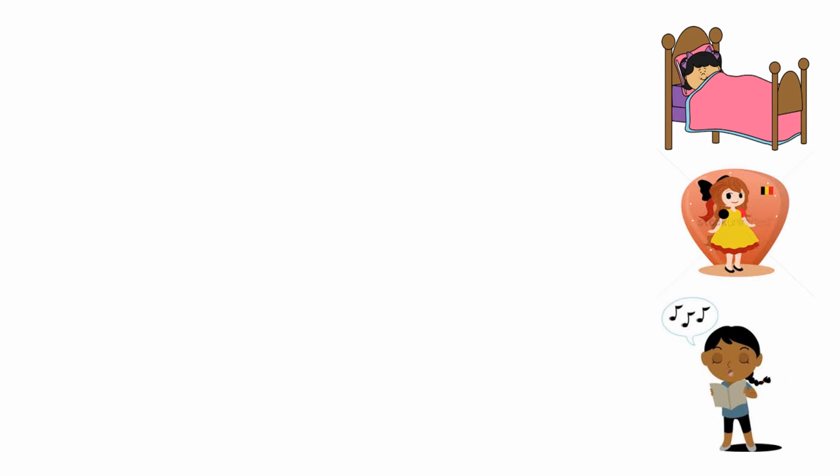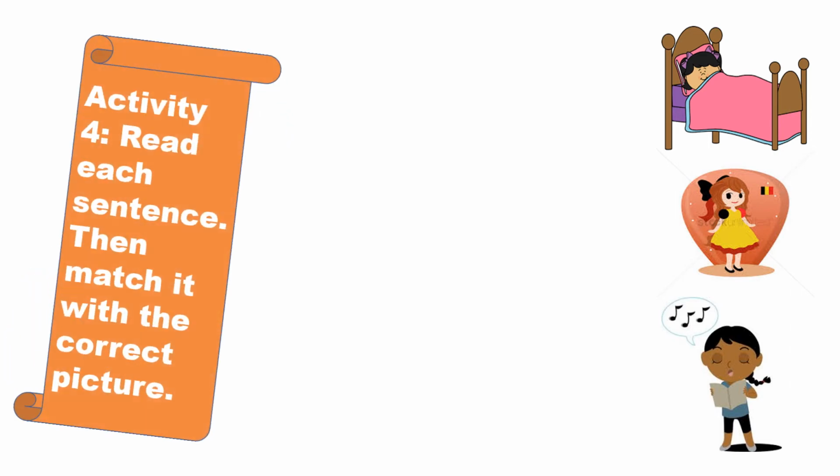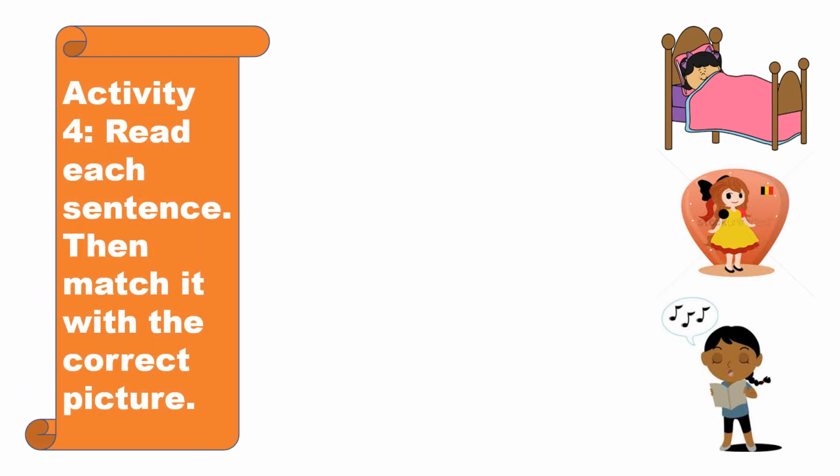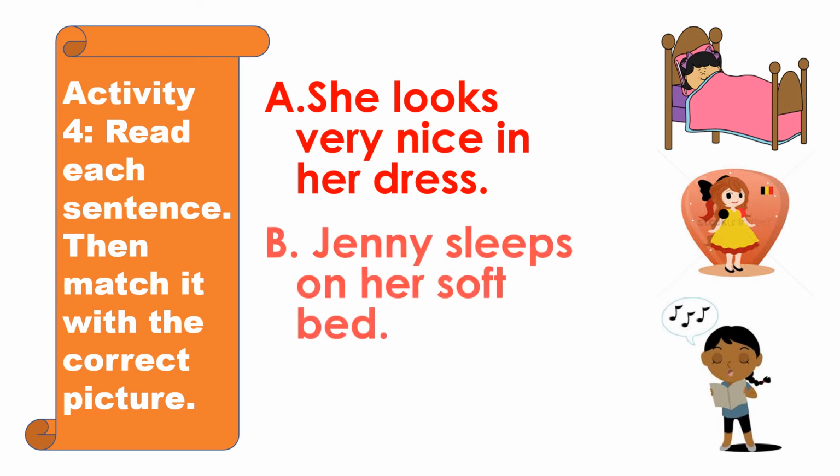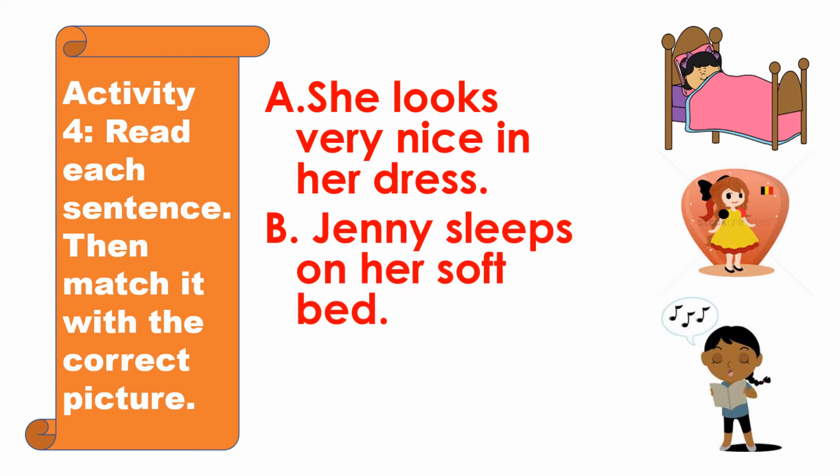Now, activity 4. Read each sentence, then match it with the correct picture. Okay, letter A. She looks very nice in her dress. B. Jenny sleeps on her soft bed. C. She sings well. Okay.